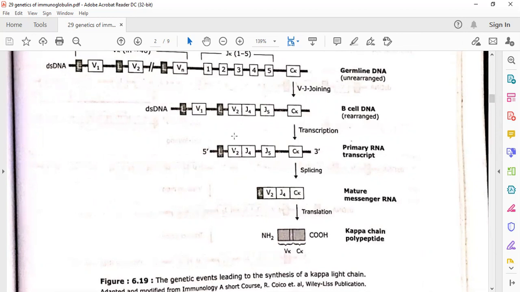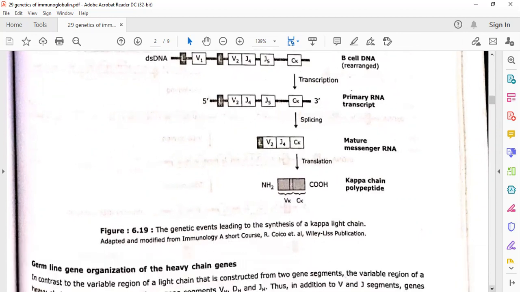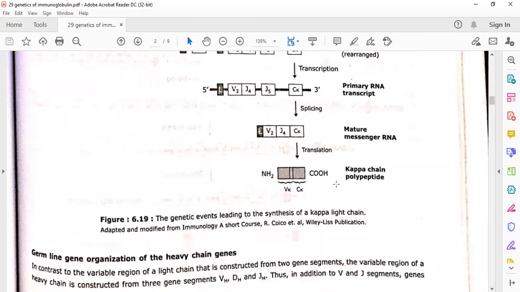Here V2 is selected, J4 is selected, but J5 is not removed here. The J5 will be removed after transcription, by post-transcriptional modification, that is splicing. This mature RNA will now go for the translation process, which will make a complete protein here. So this is the complete kappa chain protein molecule.